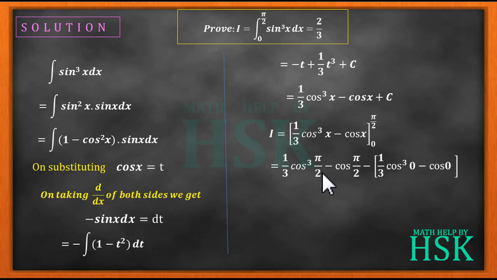So cos pi by 2 is equal to 0, so this whole value is going to become 0, this also is going to become 0, and cos 0 is equal to 1, so this will be equal to 1 by 3. Okay, so I'm going to get 0 minus 1 by 3 plus 1, and this also gives us 2 by 3. So this proves that the value of I is equal to 2 by 3.